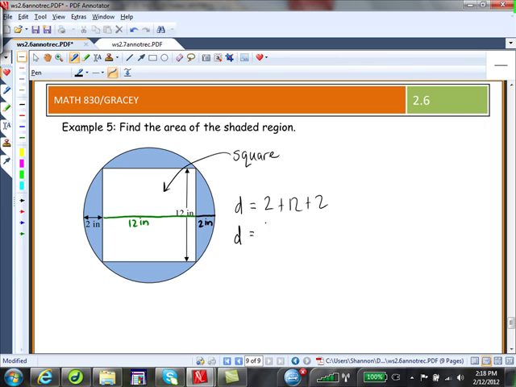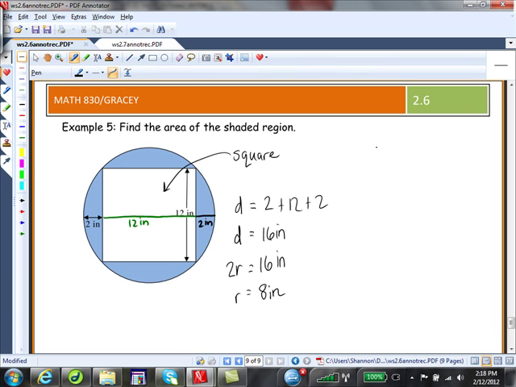So the diameter is going to be 16, and that's in inches. So remember, diameter is the same as 2 times the radius. So the radius will have to be 8. And these are in inches.